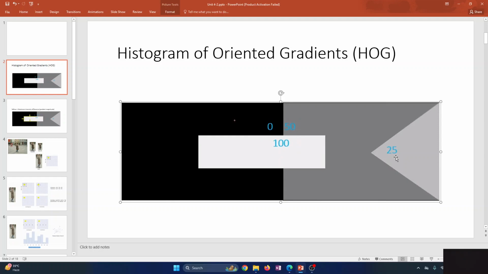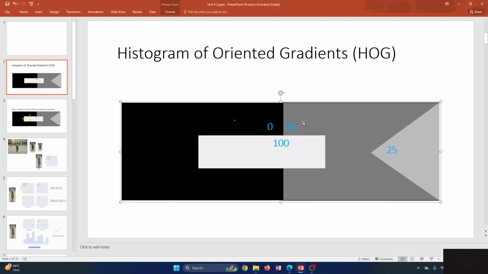So where do you think in this complete image there is the most rapid intensity change? You can see it is from 0 to 100. This is kind of dark, and this is kind of white. So there is a complete 100 unit change of intensity values.